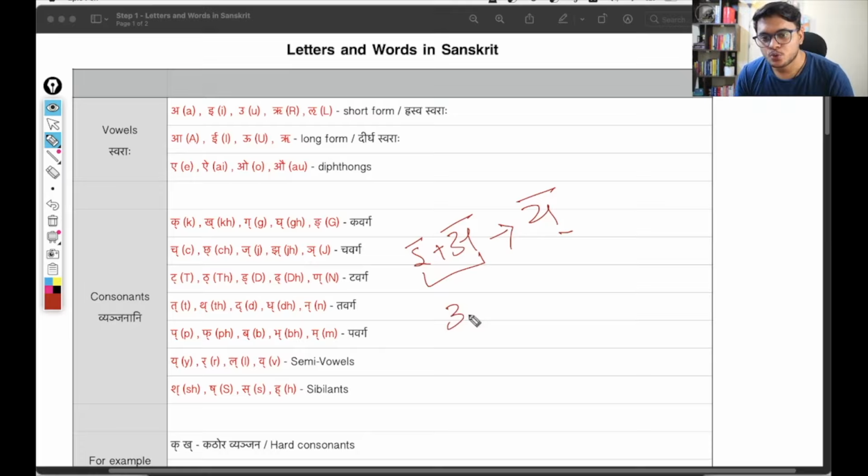And if you write U and then A, what sound emits? Ua, ua. You guessed it, it is va. And similarly with ra and la. That's why ya, ra, la, va are called semivowels. They won't be referred to as such when we are learning Sanskrit. It's just a piece of trivia that I wanted to share.